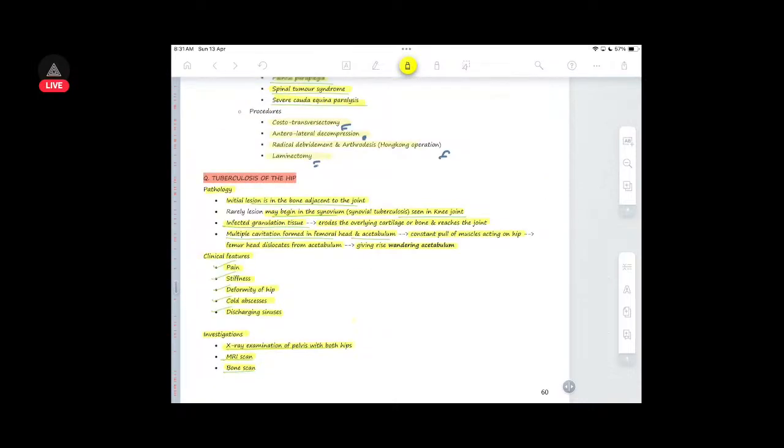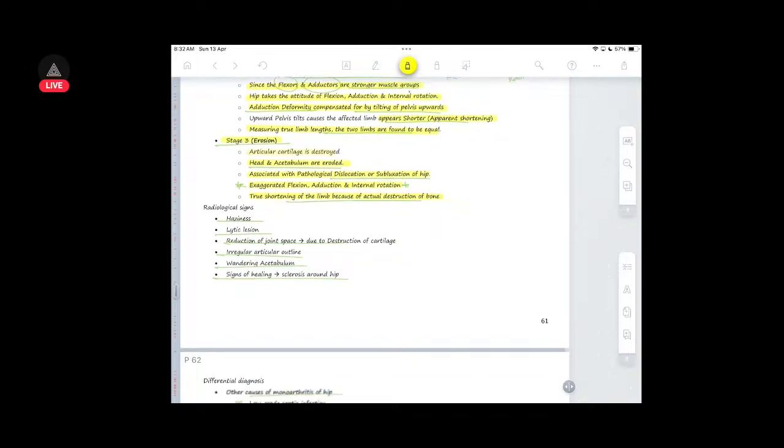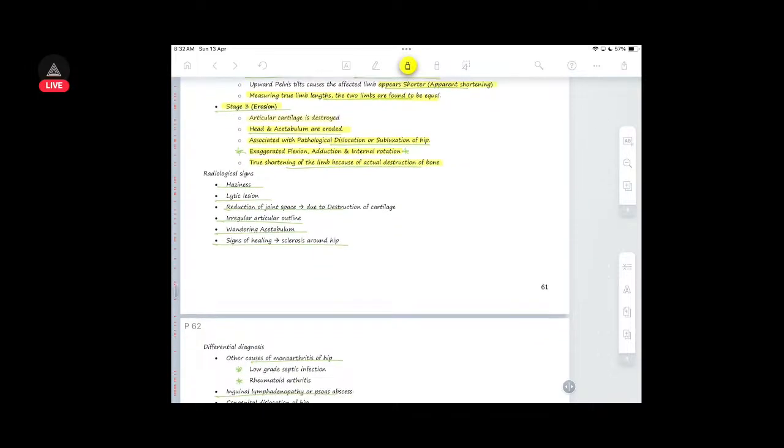Wandering acetabulum will occur. And you have exaggerated flexion, adduction, and internal rotation, and true shortening of the limb occurs because of actual destruction of bone. Actual bone is destroyed, therefore there will be shortening.